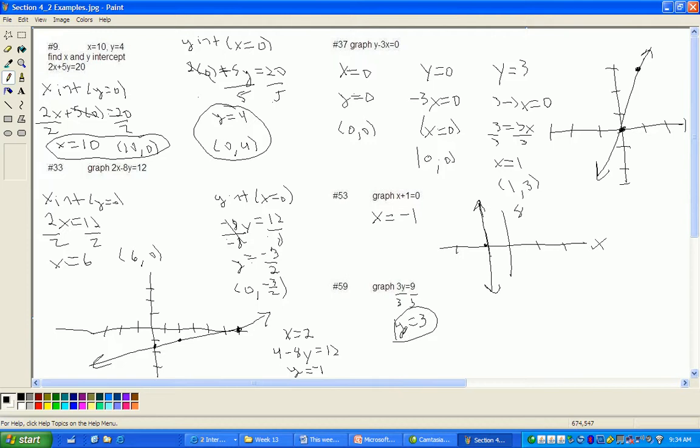Here's our positive x, here's our positive y. Well, y is equal to 3 at every one of these points over here. So we end up drawing a horizontal line right there that crosses the y-intercept at y is equal to 3. So there is our graph for these two problems.